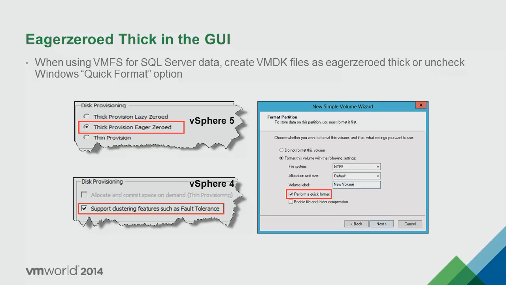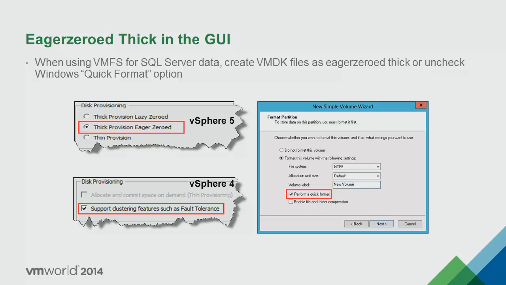But just something to remember is when you're looking inside the administrative console, if you do the one on your right, it may show up as thick or thin and not eager zeroed thick, and you may have done this. So just something to keep in mind if it might be a mismatch. For those that are still running vSphere 4, the way to do it is to enable clustering features such as fault tolerance.